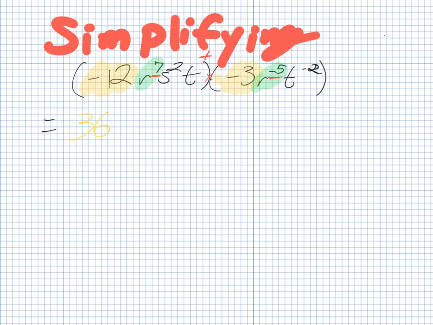So actually, before we do that, I'll write them all out in one line again. So we'll say we've multiplied the coefficients. So now we have, we'll just actually match them together. So we'll put the r's beside each other. So we have r to the 7 times r to the negative 5. And now, if you notice, I'm reordering. I'm taking the numbers from one bracket and another bracket, and I'm putting everything beside each other.